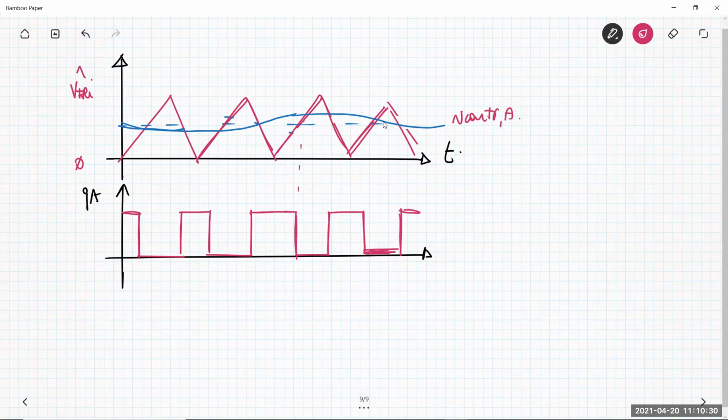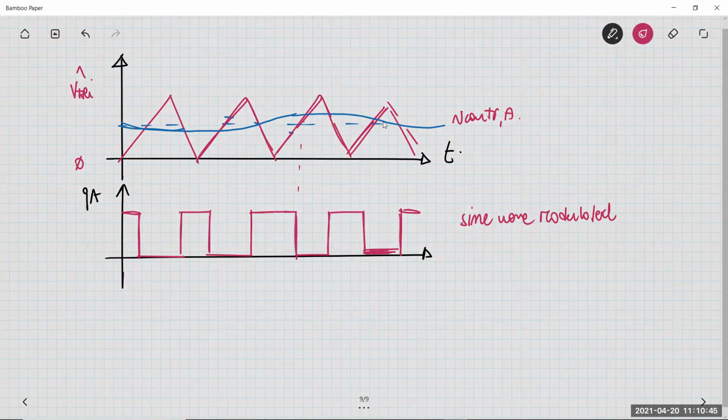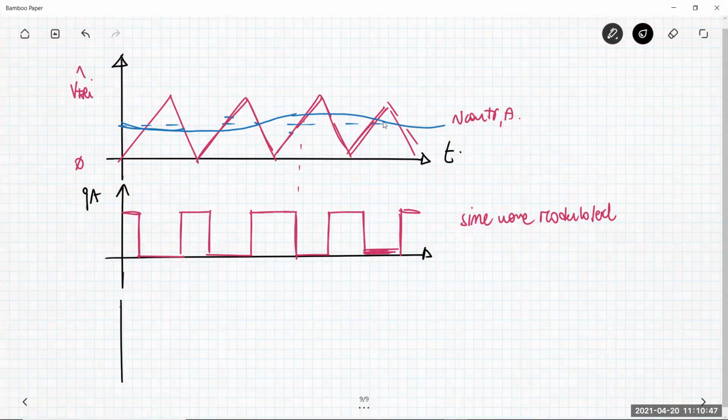Okay, this is what happens. Now, this is a sine wave modulated rectangular waveform, okay? And here you have the spectrum of the voltage at the output. Typically, this is VAN.